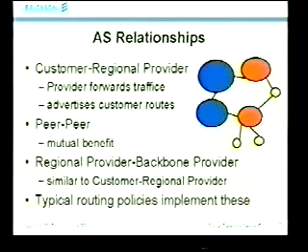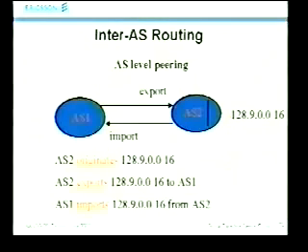AS, autonomous system relationships: you can have customer, regional provider. The provider forwards traffic and advertises customer routes, or you can have peer-to-peer for mutual benefit. The regional provider to backbone provider is similar to the customer-regional provider relation. And typical routing policies implement these kinds of relations and agreements. So we have AS level peering, and what we have here is AS2 originates this route 128.9.0.0.